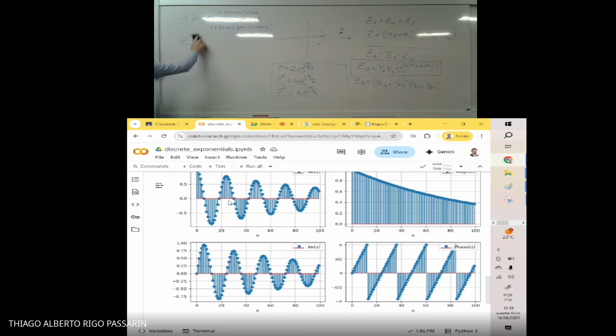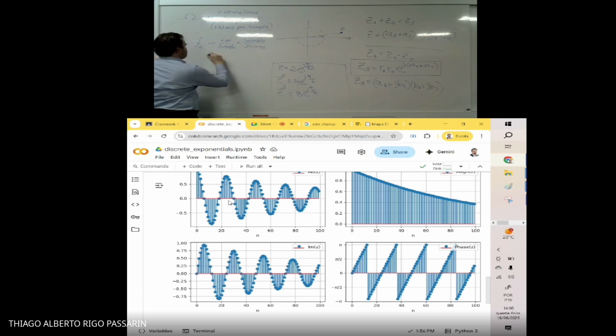So if I know the sampling frequency and I multiply this by sampling frequency, I have radians per sample times samples per second, sampling frequency or sampling rate.